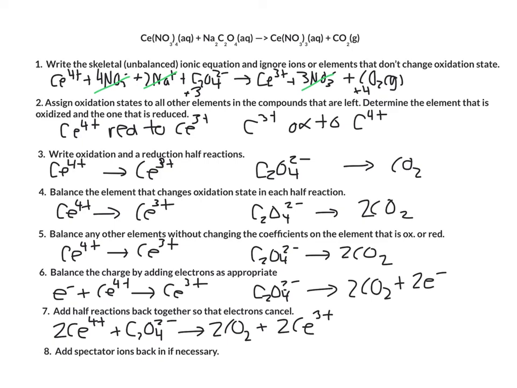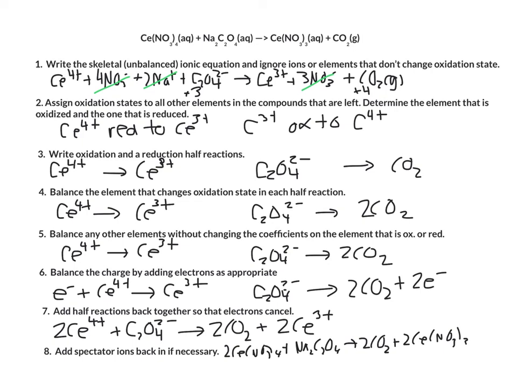The last step is to add the spectator ions back in as necessary. And so if we recall, our cerium had nitrates with it and our oxalate had sodiums with it. And so we're going to write 2 cerium nitrate plus sodium oxalate goes to 2CO2 plus 2 cerium nitrate.